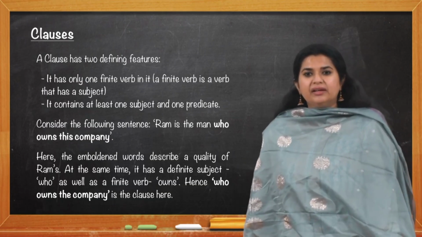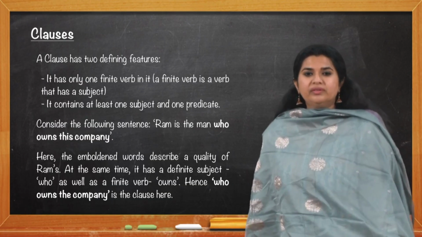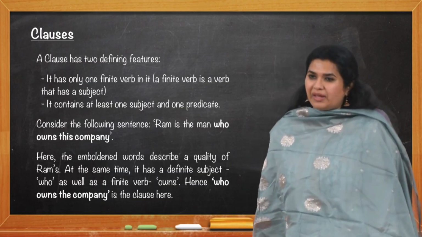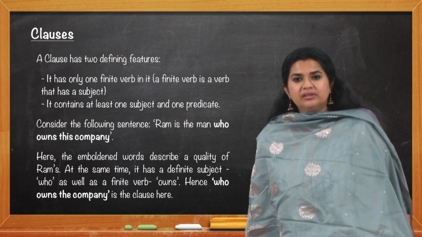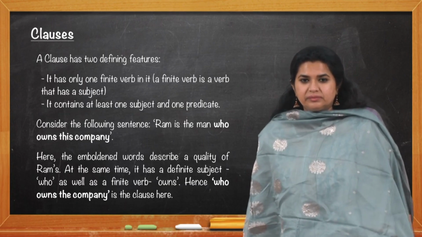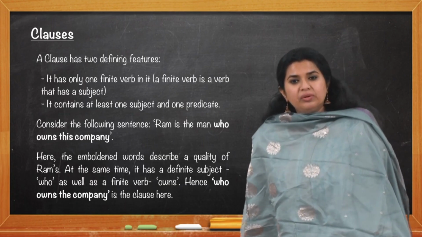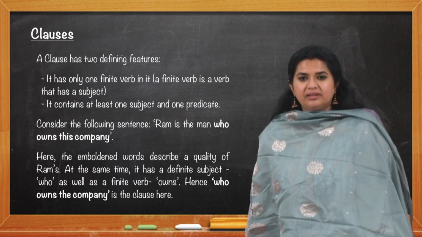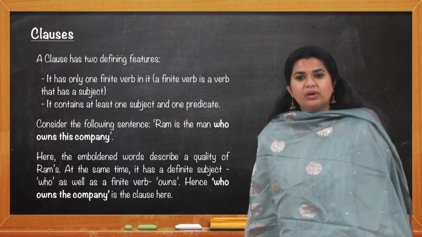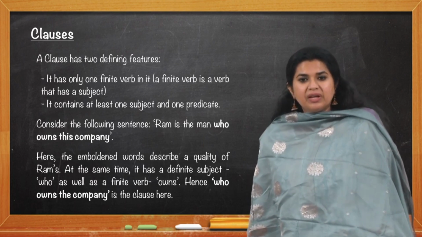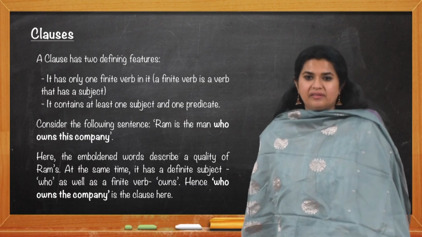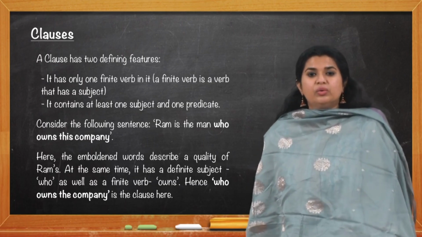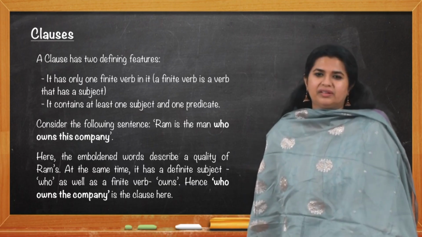Take a sentence like: Ram is the man who owns this company. Who owns this company is the subordinate clause. The highlighted words describe a quality of Ram's. At the same time, it has a definite subject, who, as well as a finite verb, owns. Hence, who owns this company is the clause here.